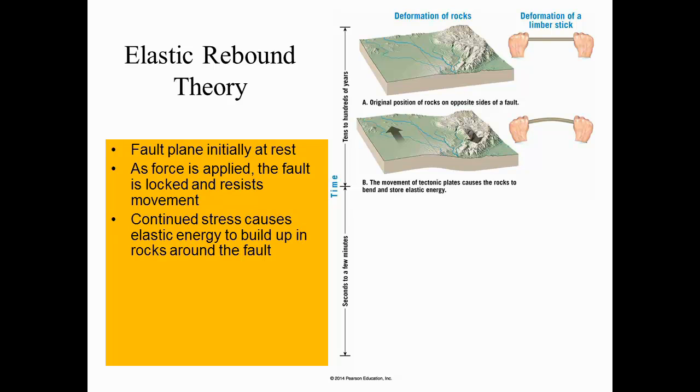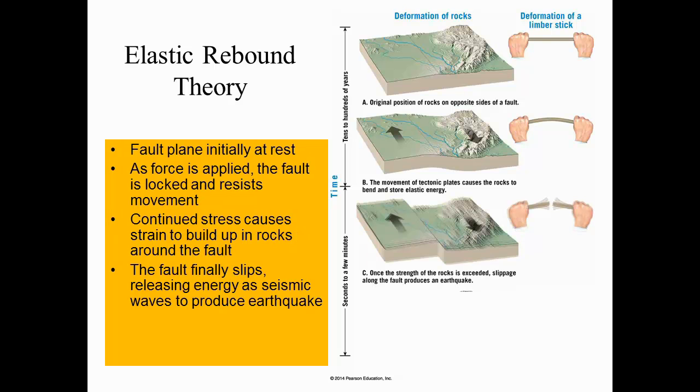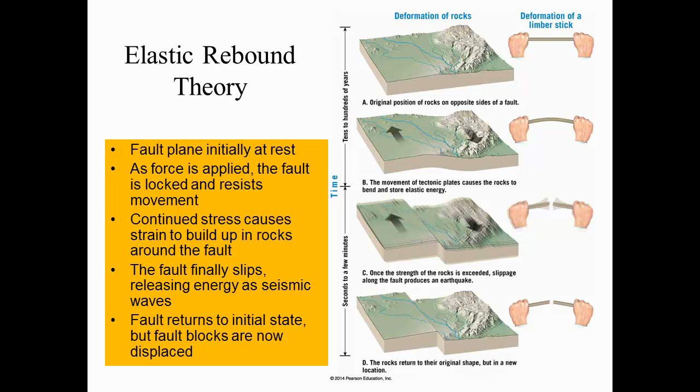With continued stress, elastic energy builds up in the rocks around the fault, which equates to the bending of that limber stick. But eventually the fault finally slips, releasing energy as seismic waves to generate an earthquake. Afterwards, the fault returns to its initial state, but the fault block is now displaced.